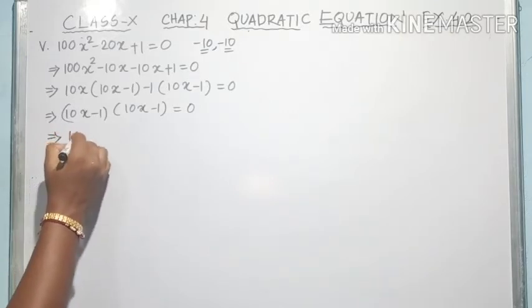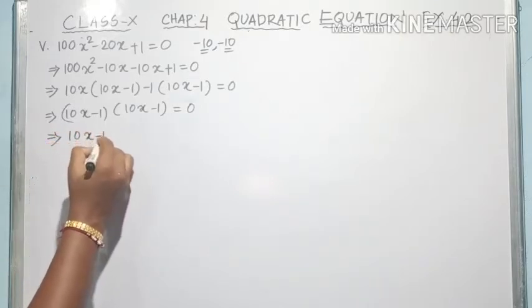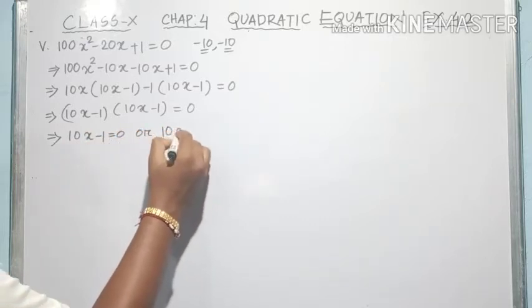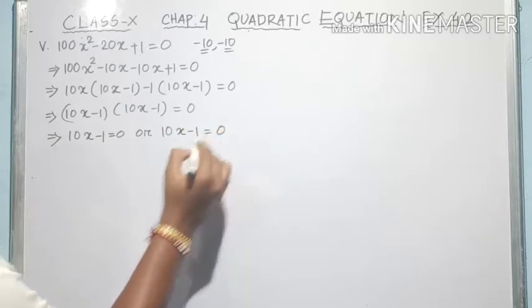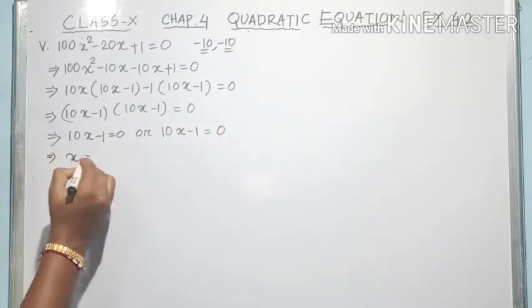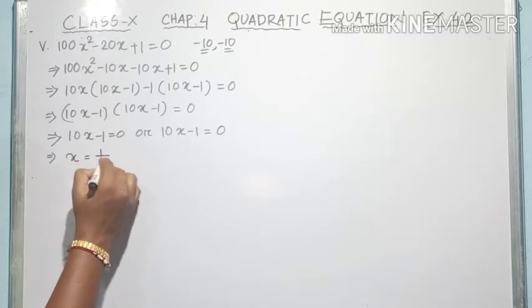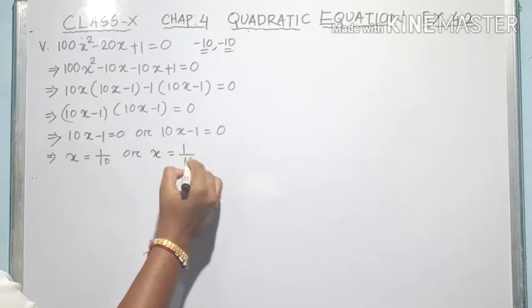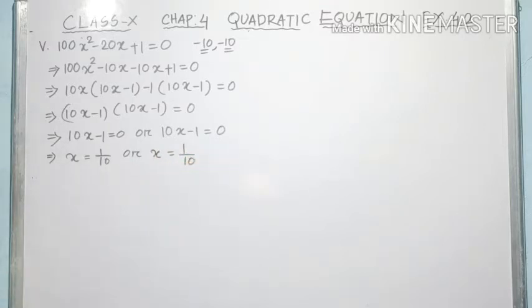Each factor will be equal to 0. 10x minus 1 is equal to 0 or 10x minus 1 is equal to 0. So x will be 1 by 10 or x will be 1 by 10. These are the two roots of the quadratic equation 100x square minus 20x plus 1 is equal to 0.